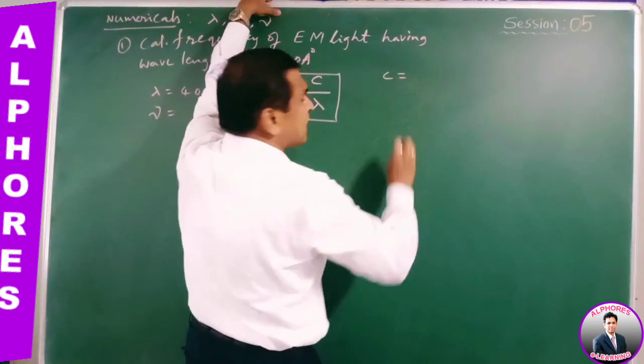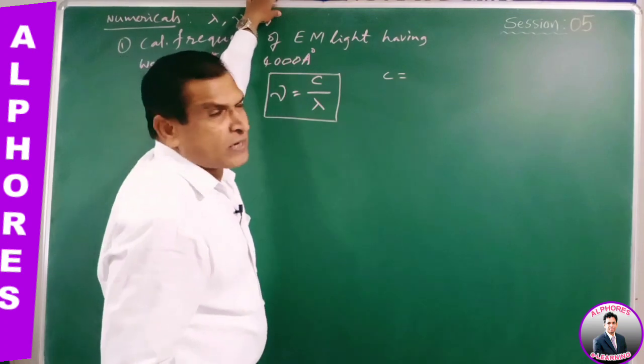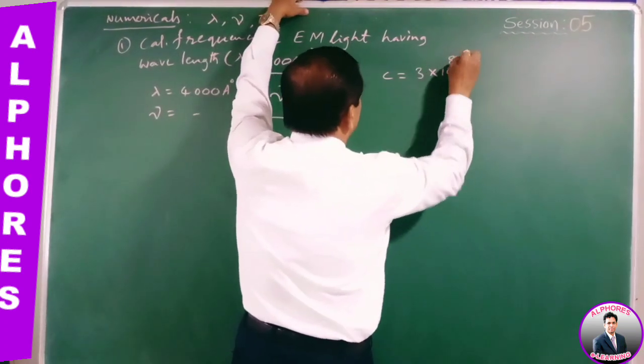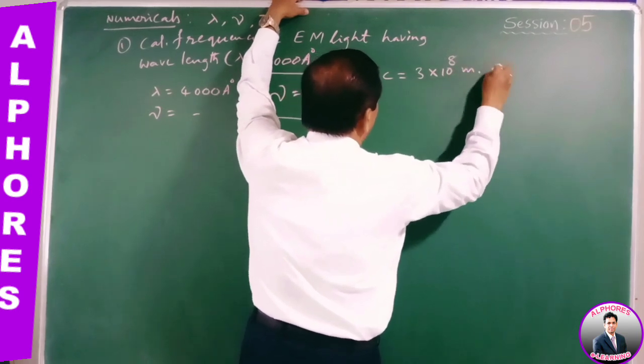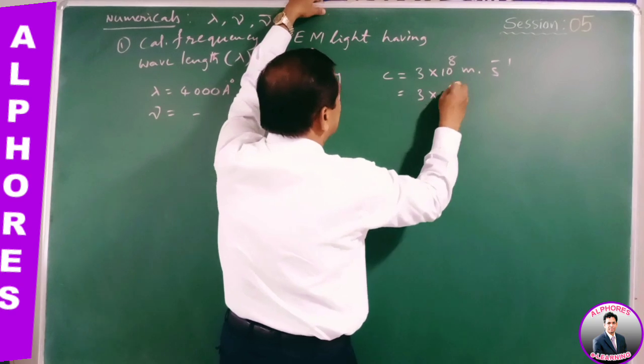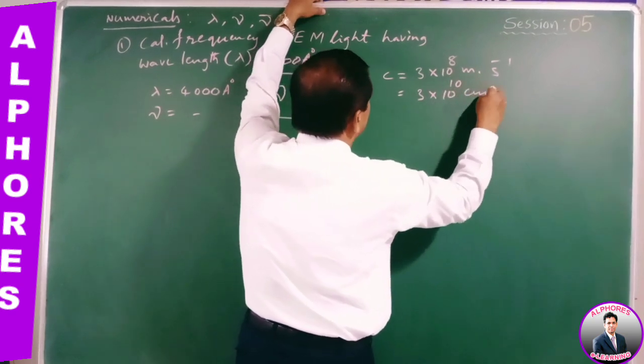Its value is constant, that is 3 into 10 to the power 8 meters per second, or you can consider 3 into 10 to the power 10 centimeters per second.